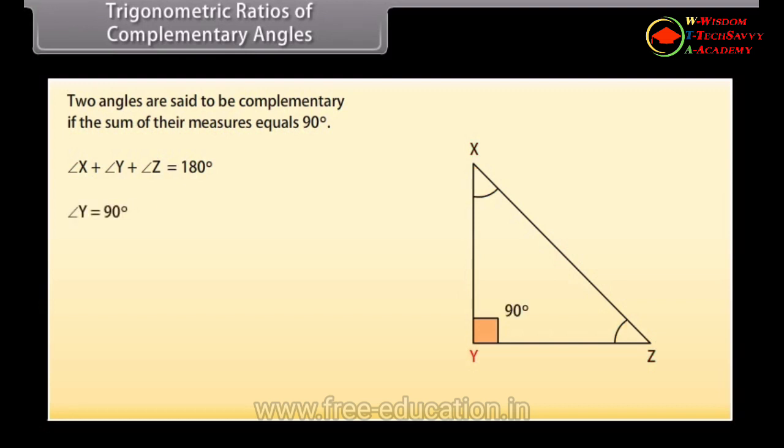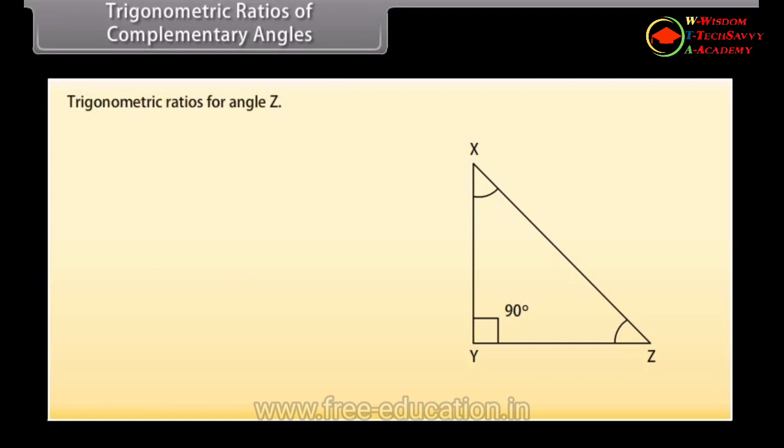Angle Y is equal to 90 degree. Angle X plus angle Z is equal to 180 degree minus 90 degree equals 90 degree, which implies angle X is 90 degree minus angle Z. Or simply, X is equal to 90 degree minus Z.